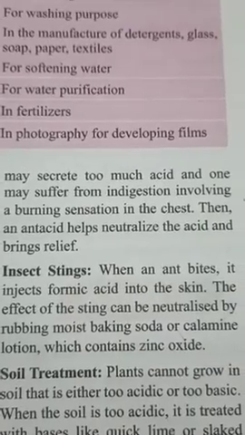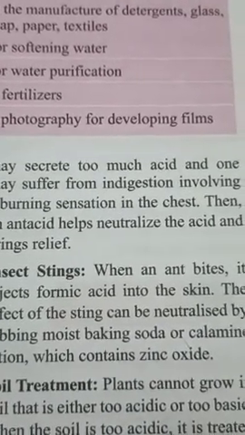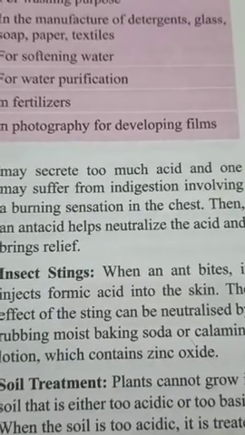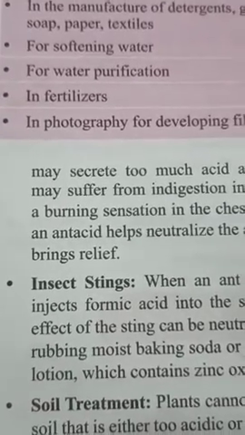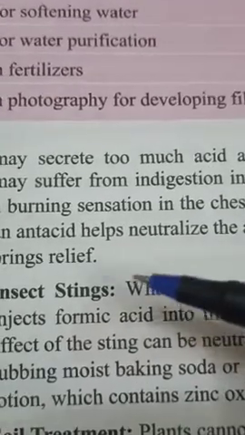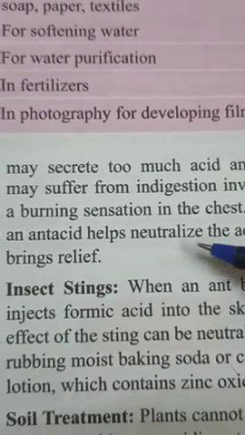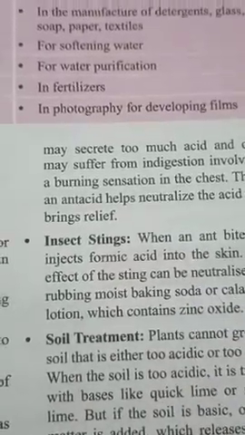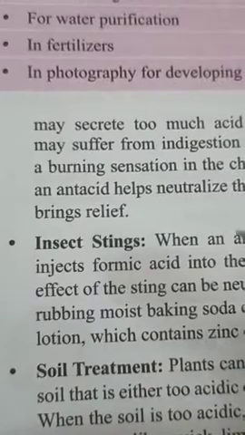You can use either syrups or tablets which act as antacids. They act against the acids and neutralize the acids present in the stomach, and we get relief. Okay, so this is one of the best examples of a neutralization reaction.